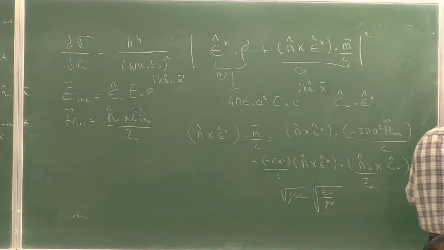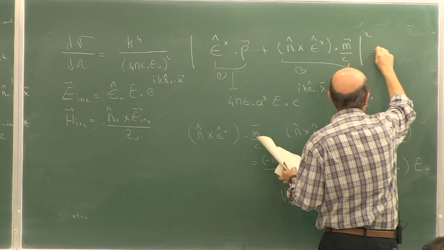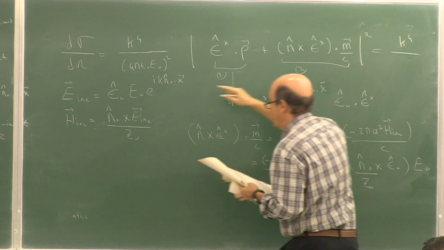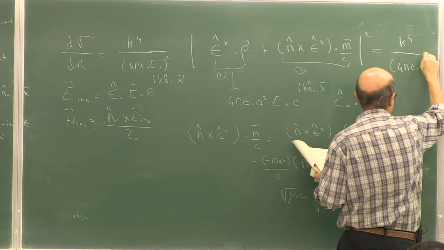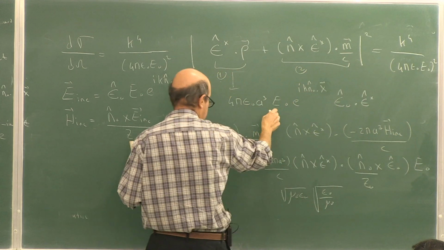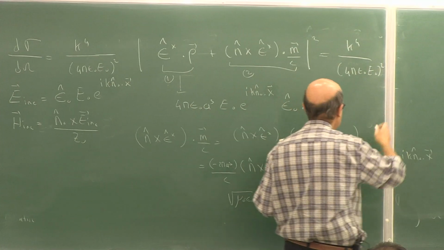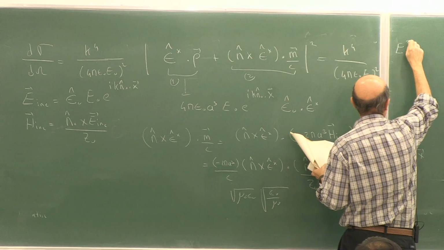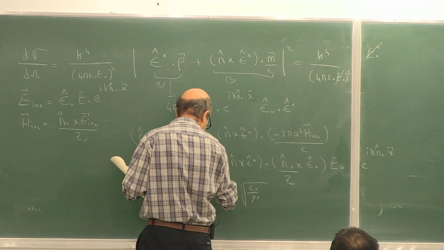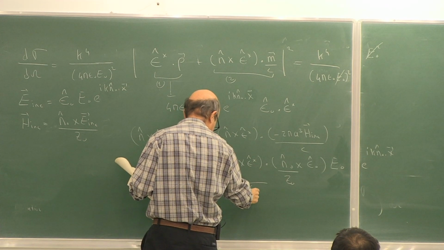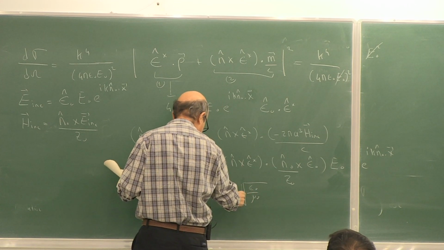So altogether the scattering cross section per solid angle will be the following. We have k to the 4 power divided by 4 pi epsilon 0 E0 square, and from the first part of the expression we have E0, from the second part we have E0, take out the parentheses as E0 square, which will be cancelled by that term. We have the square root of mu 0 epsilon 0 times the square root of mu 0 over epsilon 0, so the mu 0 terms will be cancelled.